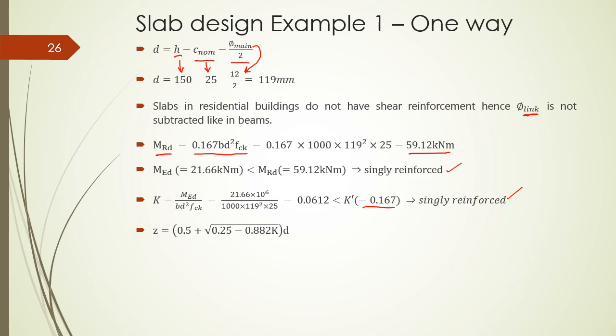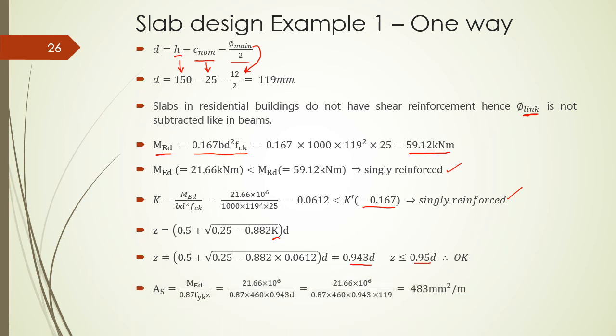We will then calculate z, which is the lever arm. In this case, when we replace the figures, we'll get z is 0.943d, and it's therefore less than 0.95d, therefore it's okay. We'll then go ahead and calculate the area of steel required using this formula, which had been earlier derived.